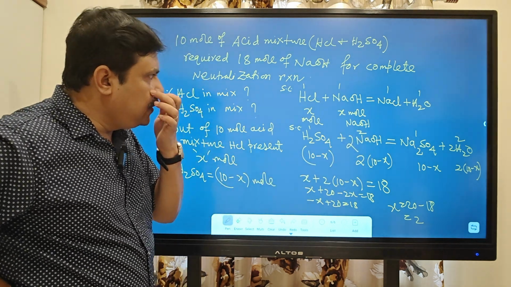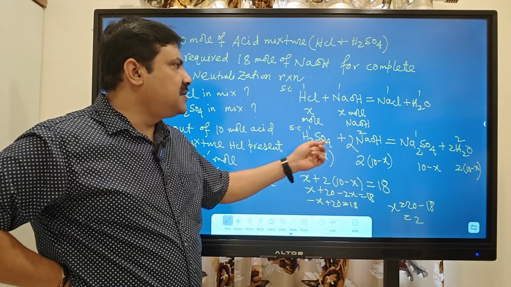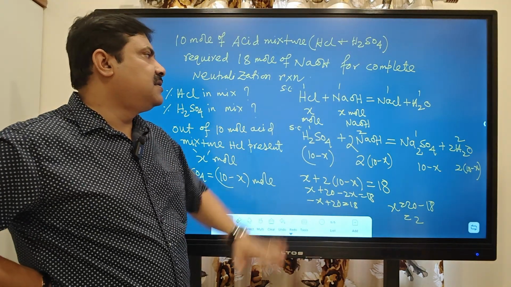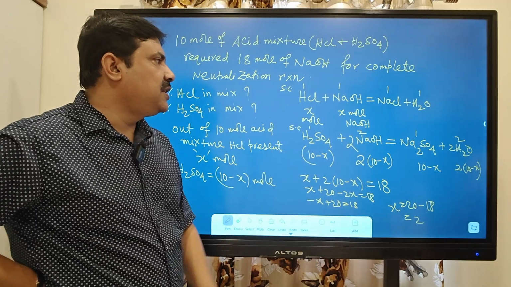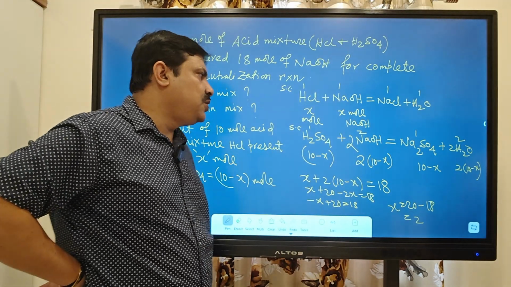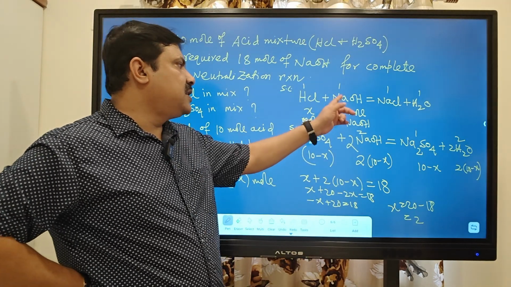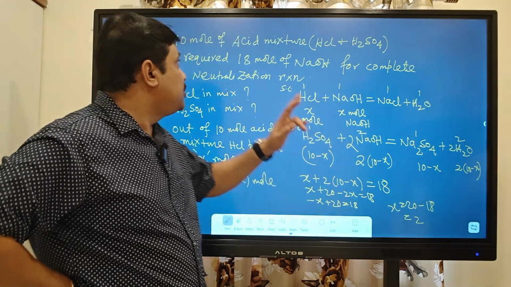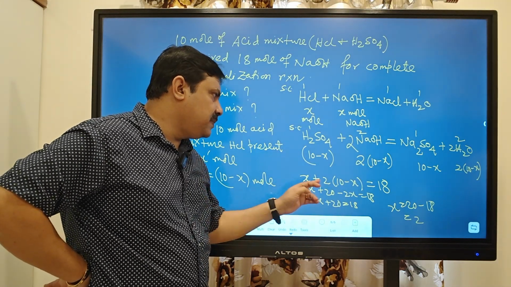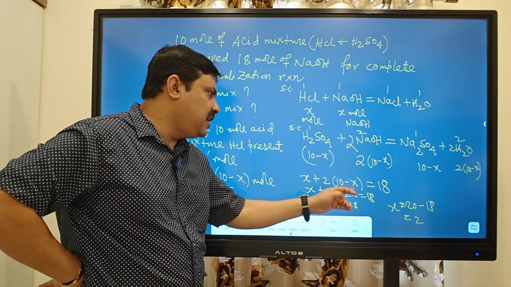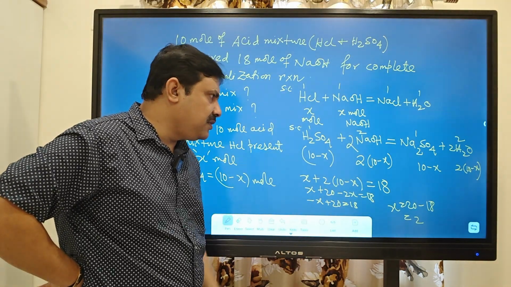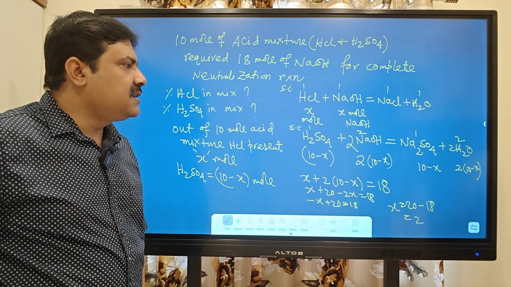So the balanced reaction is 1 mole of H2SO4 reacting with 2 moles of NaOH. That is why 10 minus x becomes 2 into (10 minus x), and total NaOH consumption x plus 2 into (10 minus x) equals 18. From there, x plus 20 minus 2x gives minus x plus 20, so x equals 20 minus 18, and x equals 2.